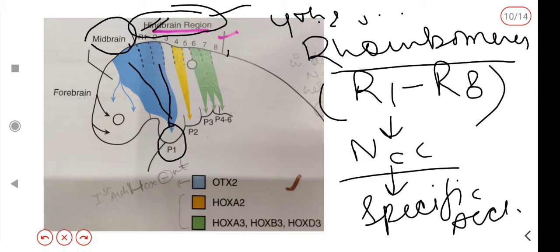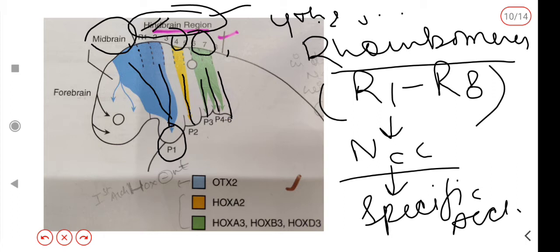From the 4th rhombomere, the neural crest cells migrate into the second pharyngeal arch, and from the 6th and 7th rhombomere, they migrate into pharyngeal arches 3, 4 and 6.